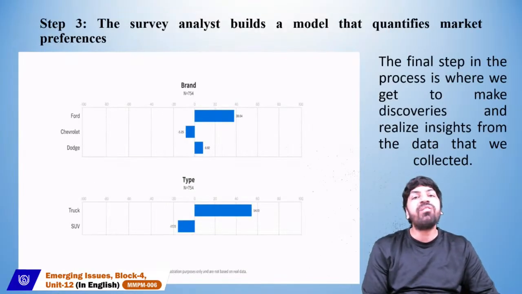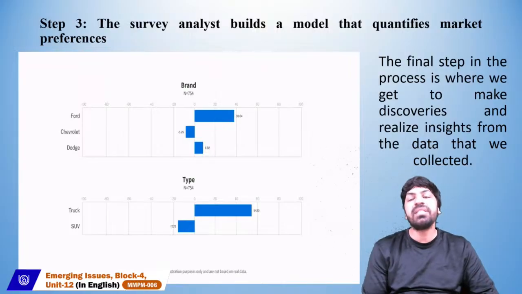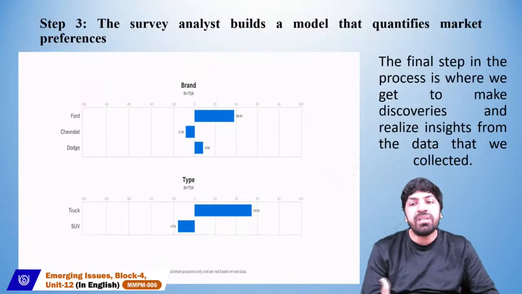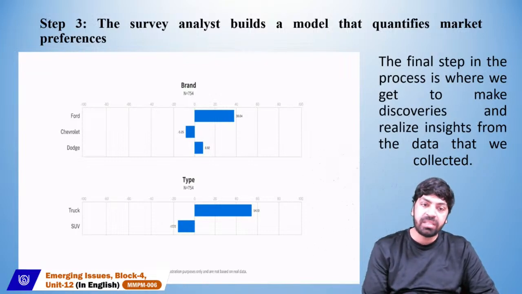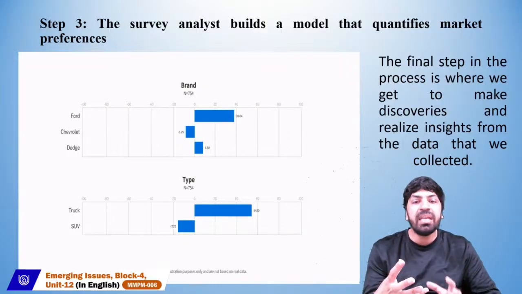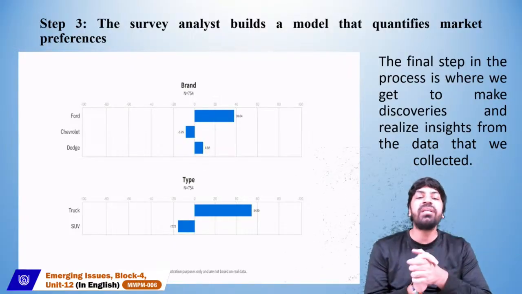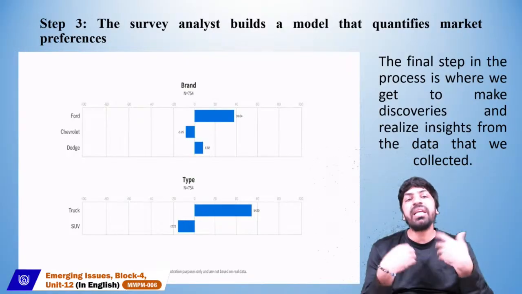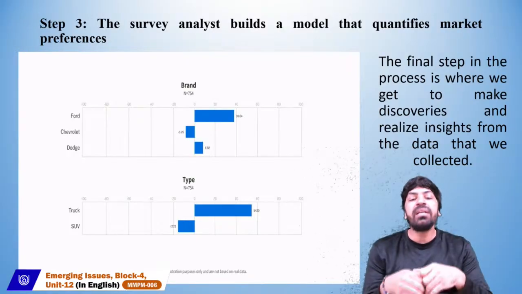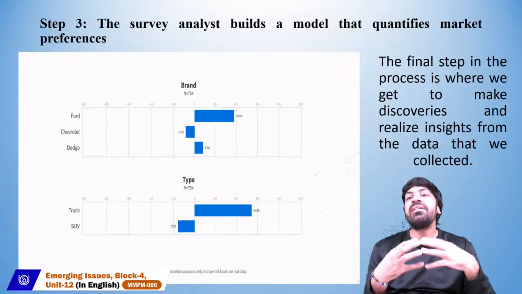The next step is that the survey analyst builds a model that quantifies the market preferences. So the final step in the process is where you discover and realize the insights from the data that we have collected. Whatever data we have collected, these are the brand types and accordingly the numbers, the main data samples, and accordingly we can show them in charts, in graphical representation, so that readers can easily understand.